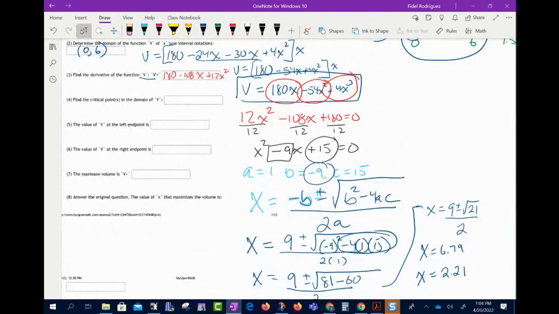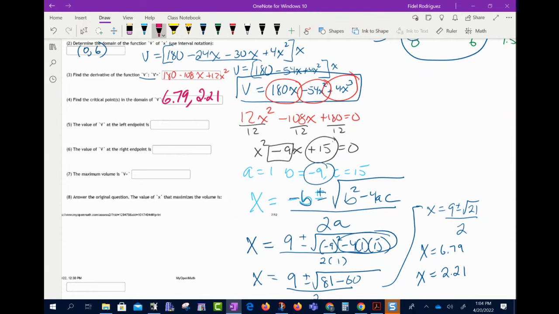So the 2 critical values that I came up with are 6.79 and 2.21. I'm going to write both those numbers down.